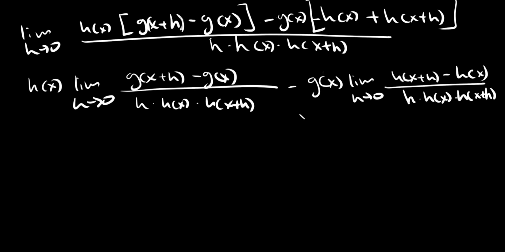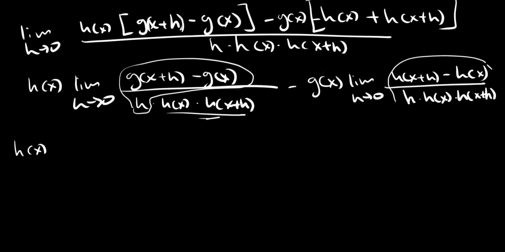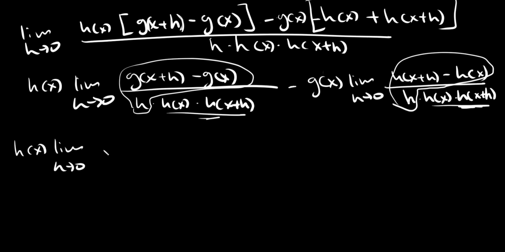Let's continue. What I can do here, now I can just separate these two, right? So I can separate this and this, and same thing for here. I want to separate those two. So let's do this. I can divide my limit into two parts right here again, such that we're gonna have something like this.